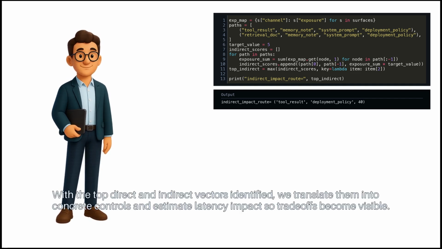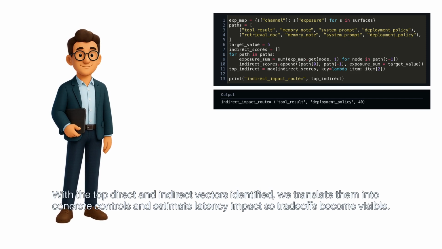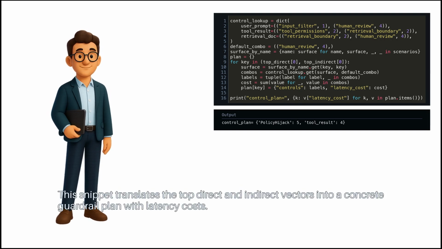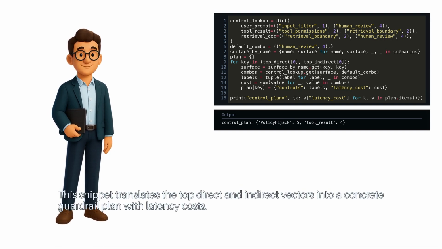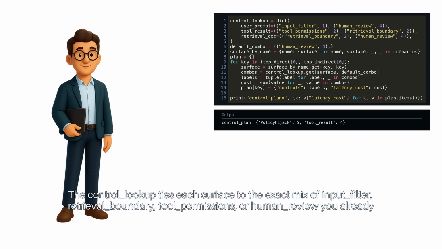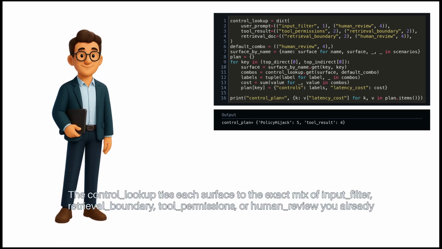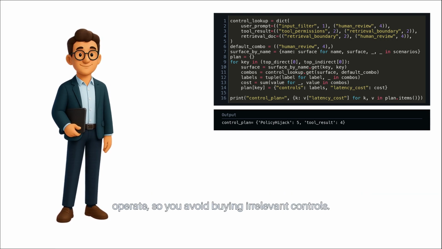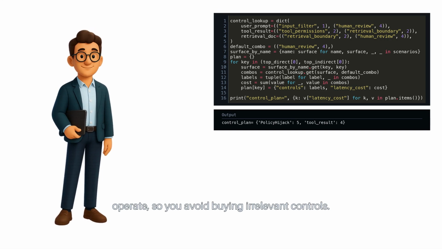With the top direct and indirect vectors identified, we translate them into concrete controls and estimate latency impact so trade-offs become visible. This snippet translates the top direct and indirect vectors into a concrete guardrail plan with latency costs. The control lookup ties each surface to the exact mix of input filter, retrieval boundary, tool permissions, or human review you already operate, so you avoid buying irrelevant controls.